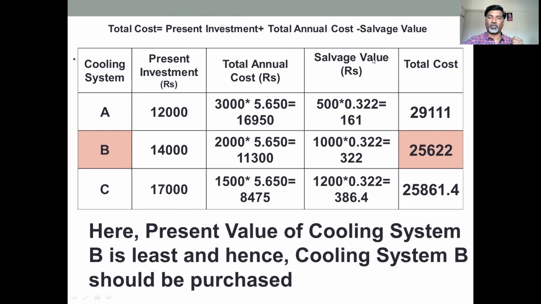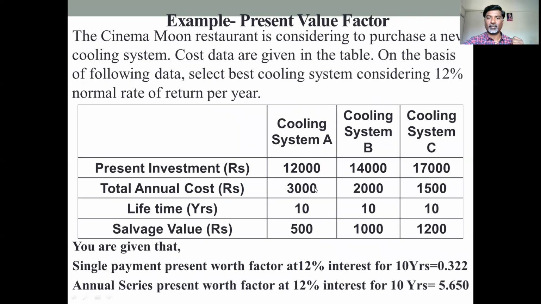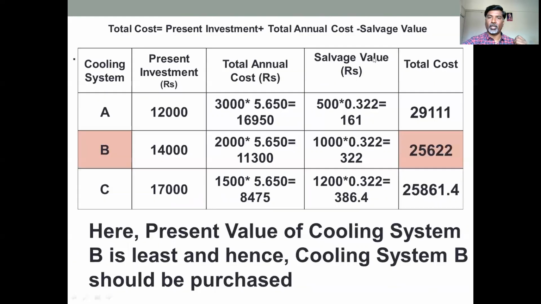Then salvage cost calculation. Salvage cost here they are given 500 rupees, 1,000 rupees and 1,200 rupees for system A, B, C respectively. Then you have to multiply this salvage cost by the single payment worth factor, that is 0.322. If you multiply these, you will get the salvage value.